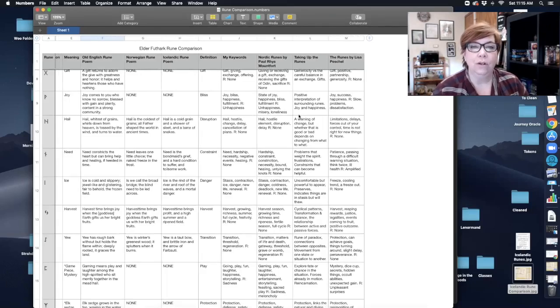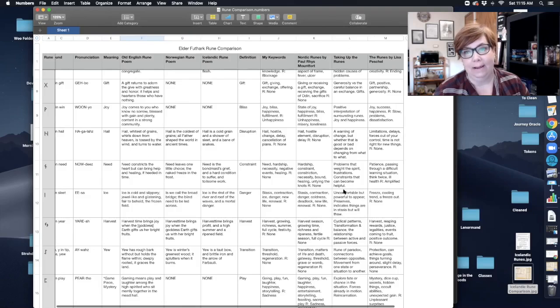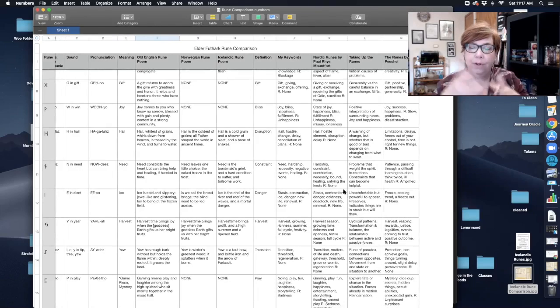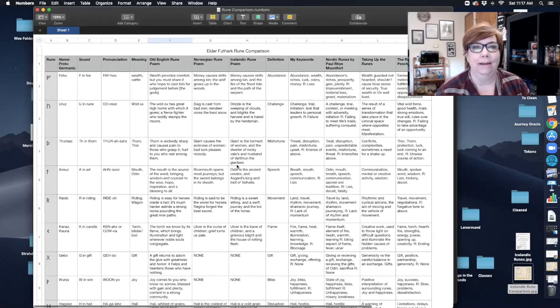So you can just go in with the file that you have and add extra columns for books or resources that you want to add in, and start to build a real solid understanding around each one of the runes. So that's why those two things are in two different formats.